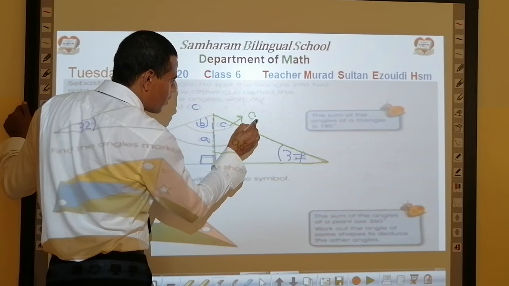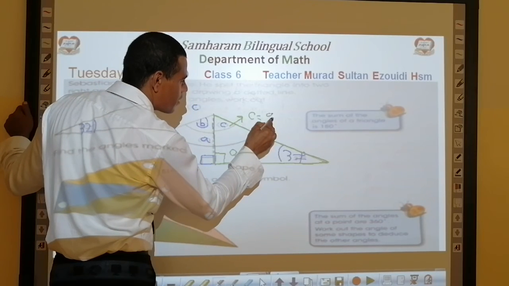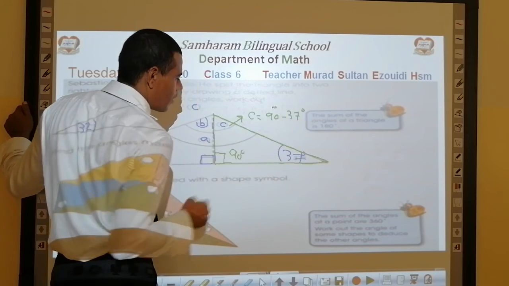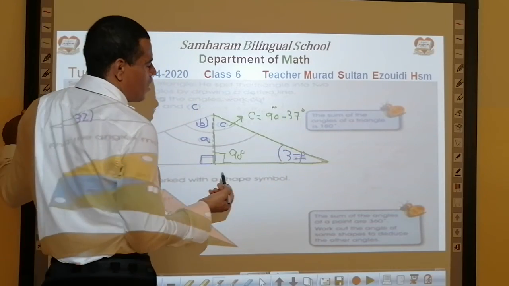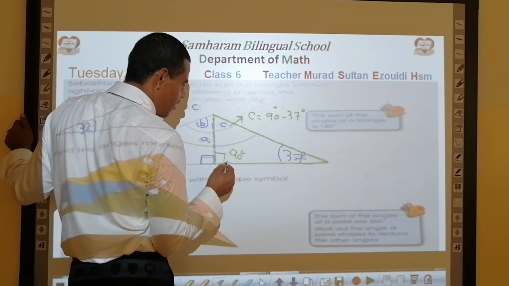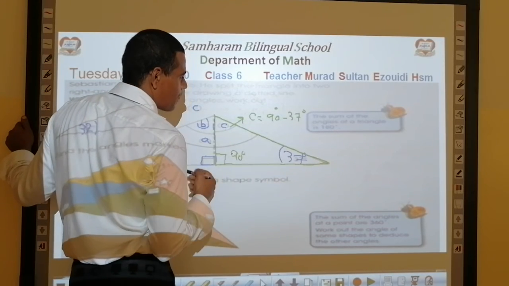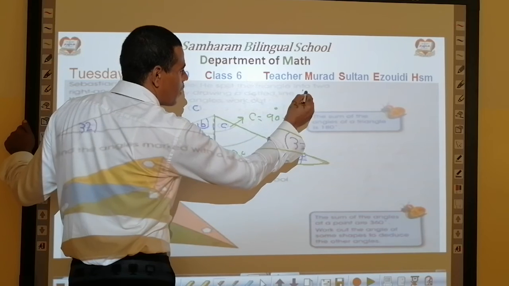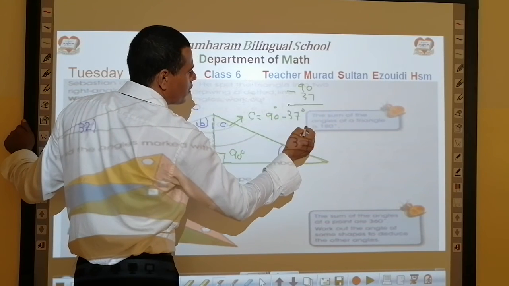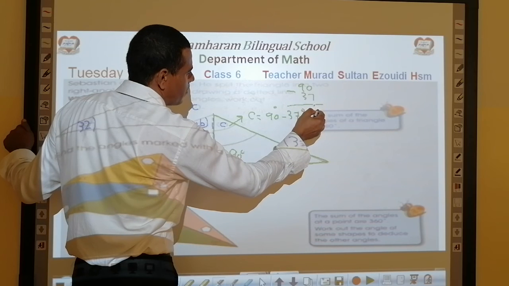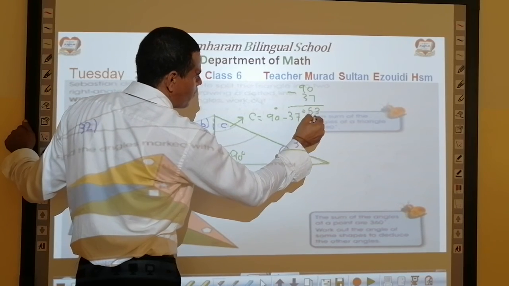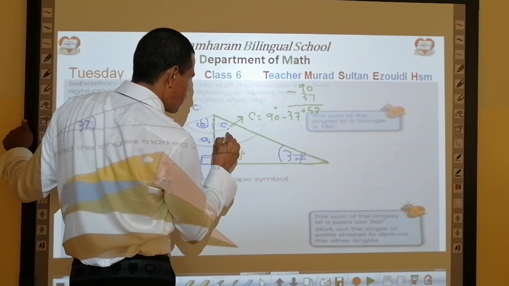C equals 90 minus 37. Or make it 180 minus 90 minus 37. In a right angle, this one is 90 minus this. So we have 90 minus 37, which is 53. So it will be 53.